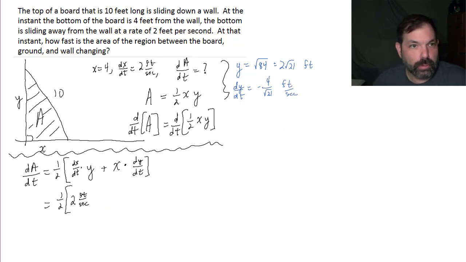All right, so dx/dt times y, y is 2 root 21 feet, plus x, x is 4 feet, dy/dt is negative 4 over root 21 feet per second.